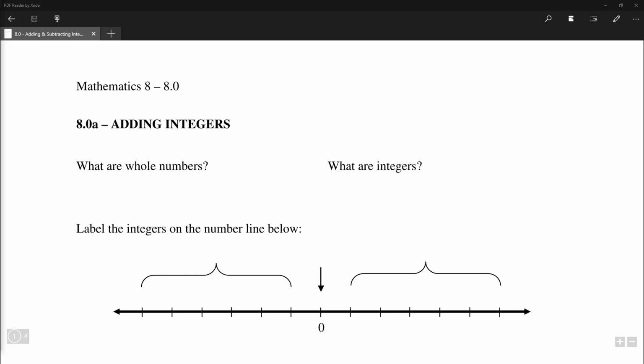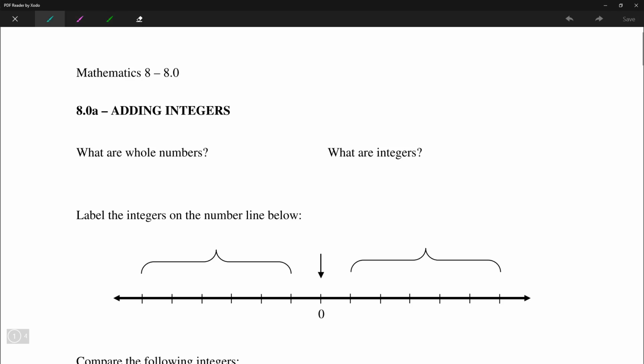Hello everyone, so today we're going to go over section 8.0, adding and subtracting integers. So just a quick review on what integers are, but before that also what whole numbers are.